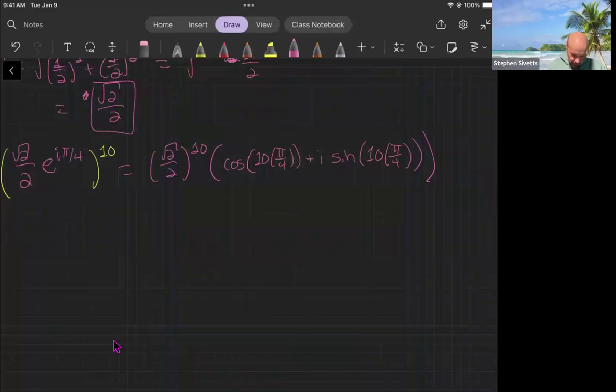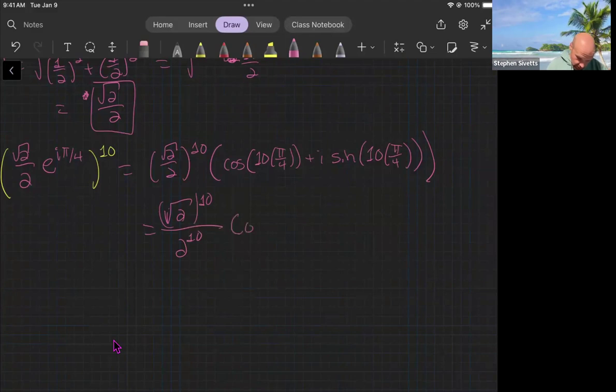And so if I write out, we'll have the square root of 2 to the 10th power over 2 to the 10th, that's a ginormous number. And then we'll have cosine of 5 pi over 2 plus I sine of 5 pi over 2.